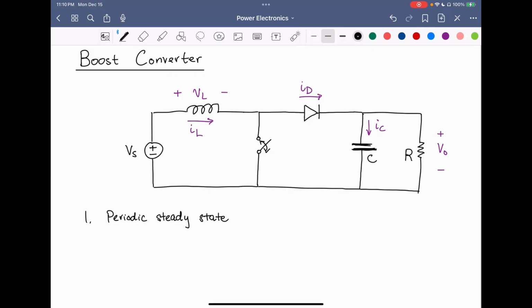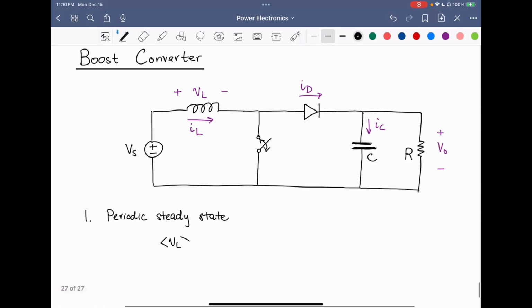So what this implies is that the inductor current at the beginning of a period is equal to the inductor current at the end of that period. This is equivalent to saying that the average voltage of the inductor over a period is equal to 0. And this principle is also called inductor volt-second balance.